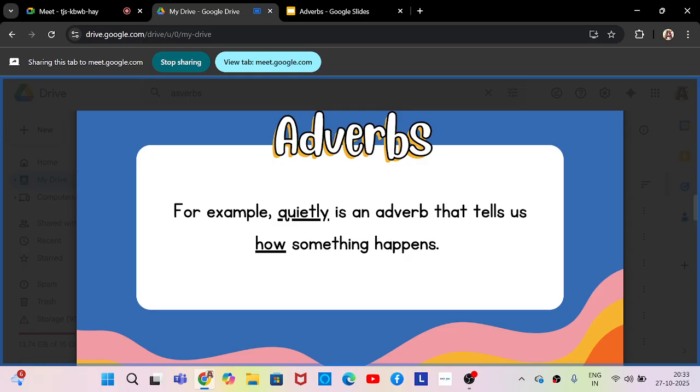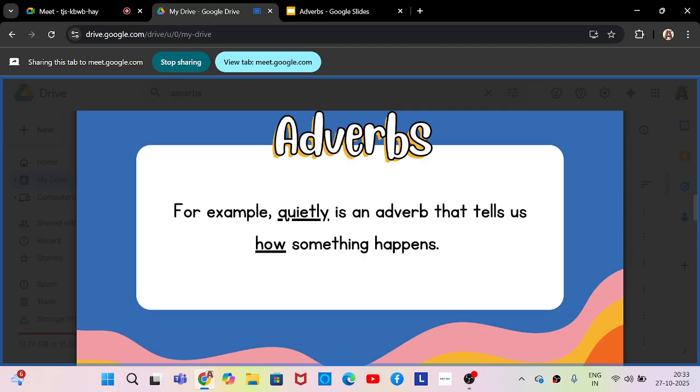If I say the boy is reading quietly, it means the boy is spending his time very quietly. So quietly is an adverb that you get by adding ly to an adjective, that is quiet. Whenever you add ly to an adjective, it will become an adverb.